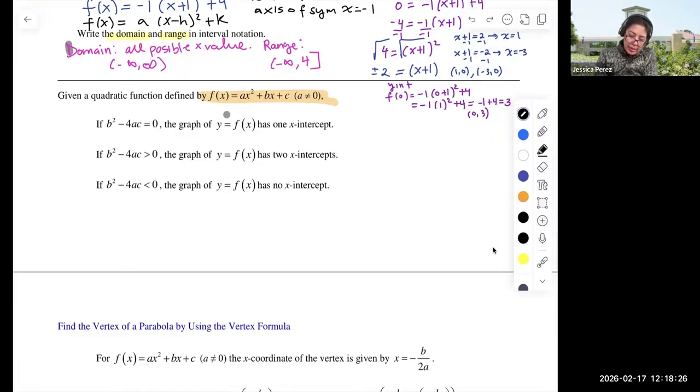If that value is 0, that means that you only have one unique x-intercept. When the value of b squared minus 4ac is greater than 0, then you will have at most 2 x-intercepts. If b squared minus 4ac is less than 0 or negative, you will not have x-intercepts.